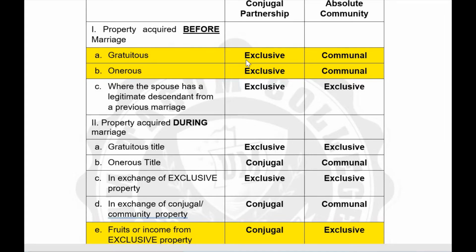However, for property acquired before marriage by gratuitous title, in absolute community all property owned before marriage shall form part of the communal property.